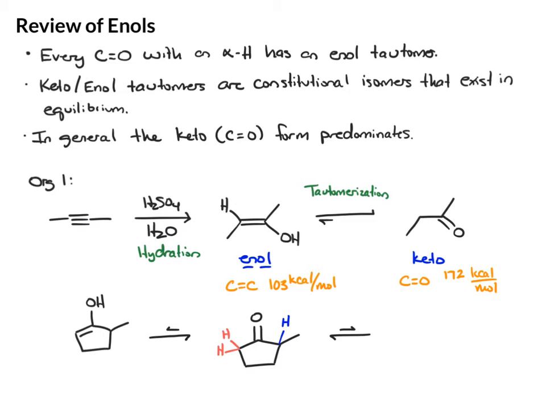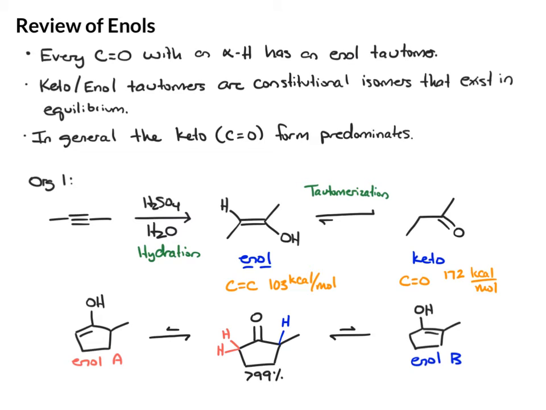So we'll say this is enol A. Or if we were to use the alpha proton on the carbon that's in blue, we would get what we'll call enol B. So again, in solution, these enols don't exist to a high percentage. The ketone form is going to be present in greater than 99%.